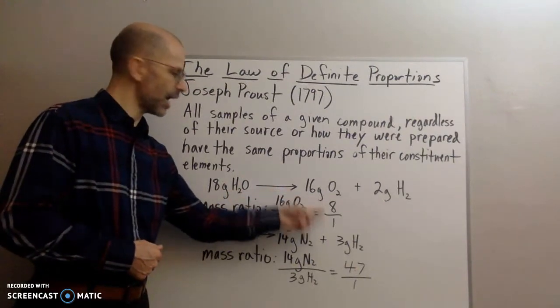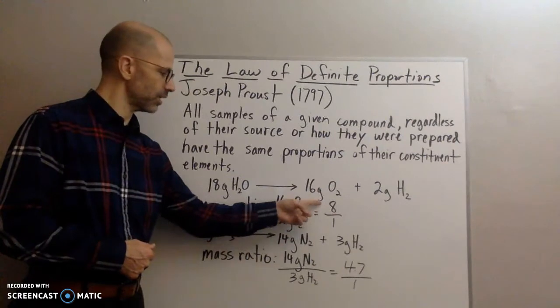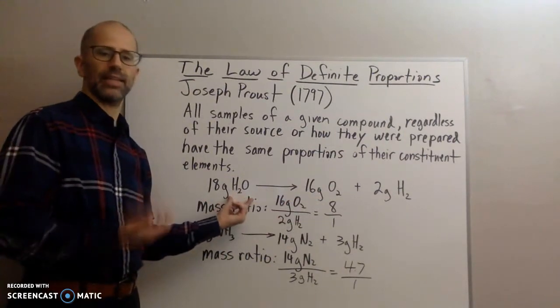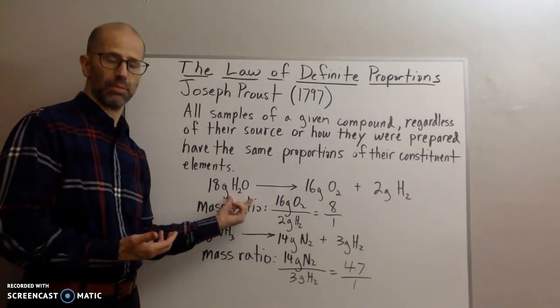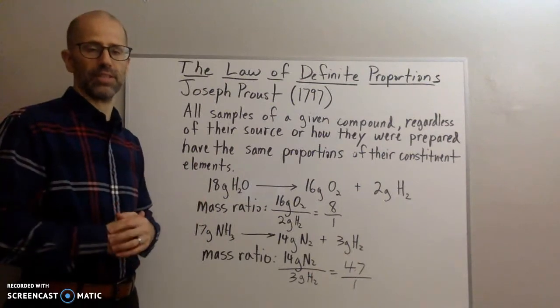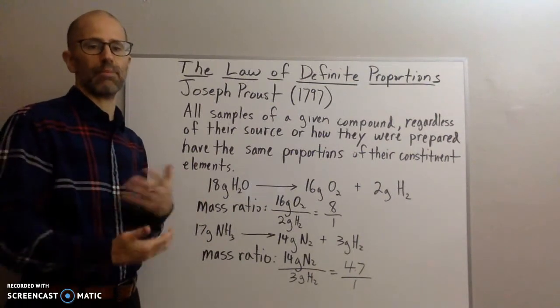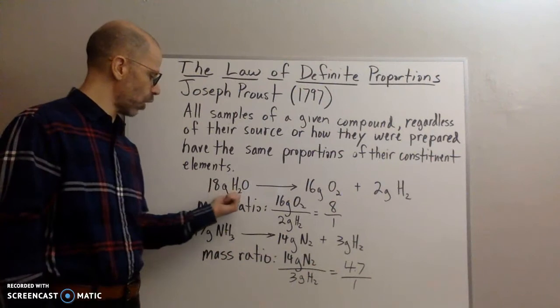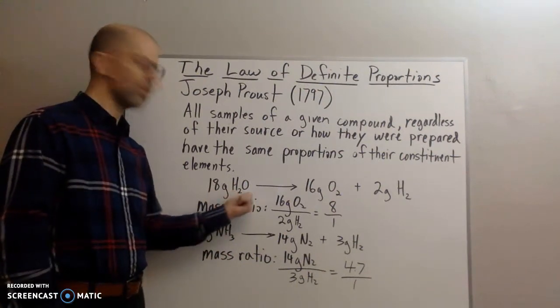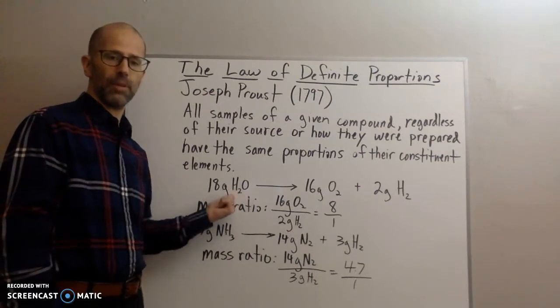So finding the constant proportion between the masses of the elements is consistent with this idea that our compounds are made up of atoms, and the same compound is always going to be made up of the same types of atoms in the same ratio, right? So here we always have a 2 to 1 ratio regarding the number of atoms making up water.